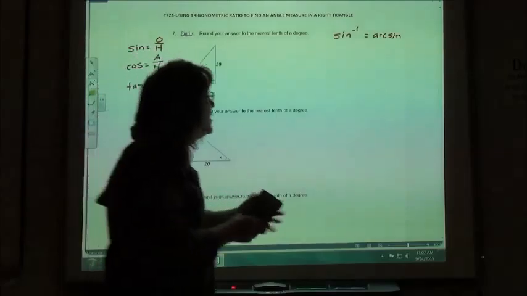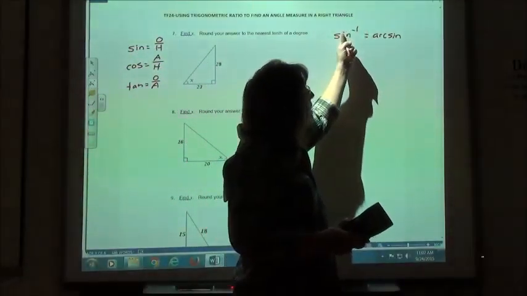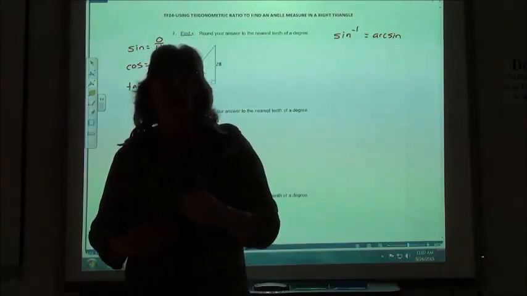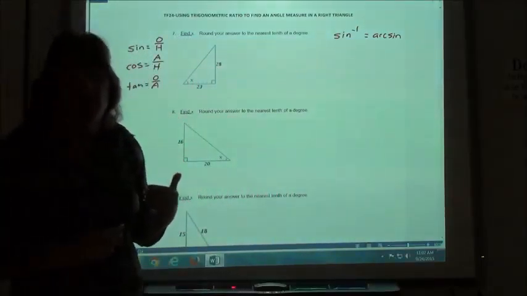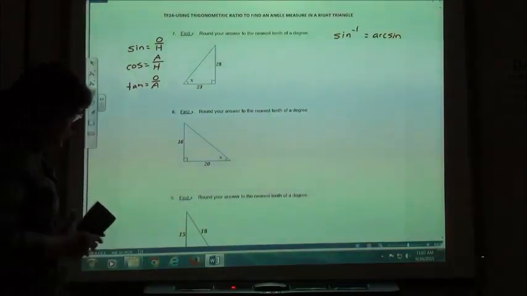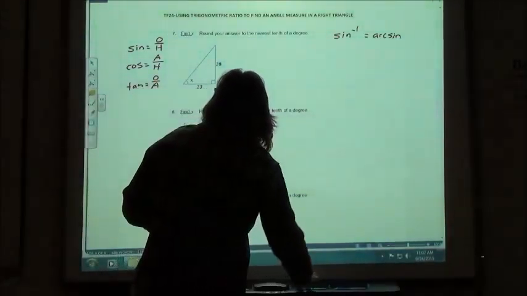So if you see this word, it means the same thing as using this. So on our calculator, we have to use the shift button and then the sine, cosine, or tangent key to get the inverse.